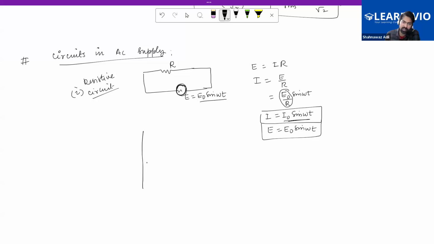If you plot these two things together, this is your voltage, and this would be your current.